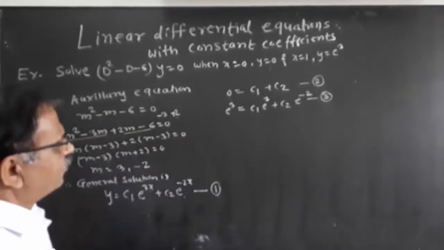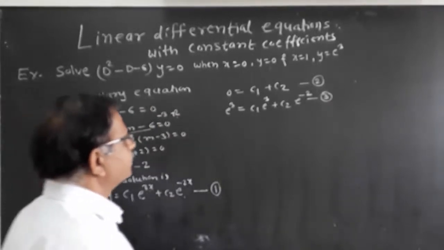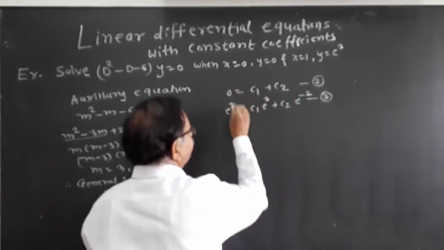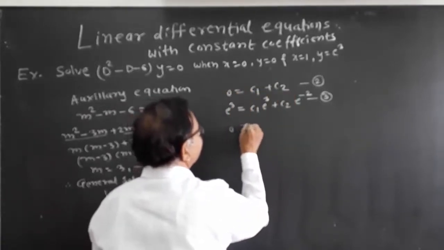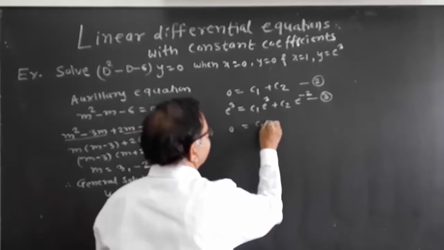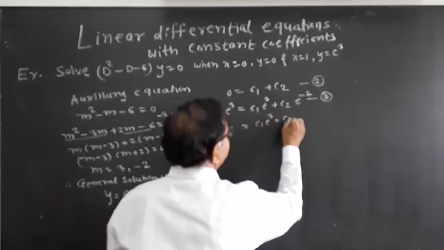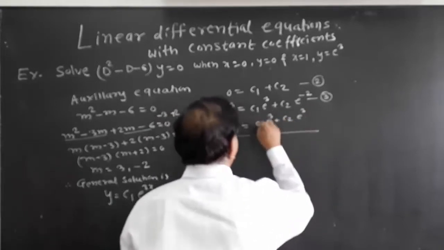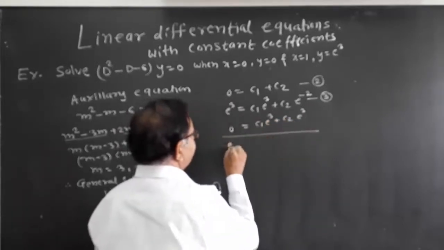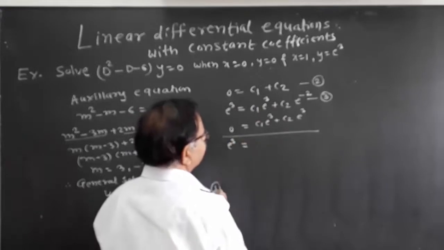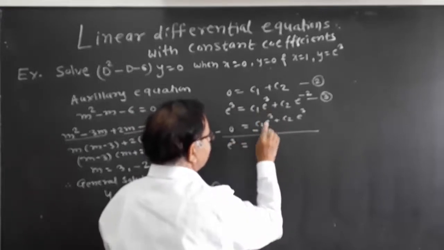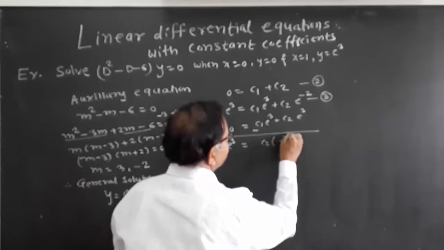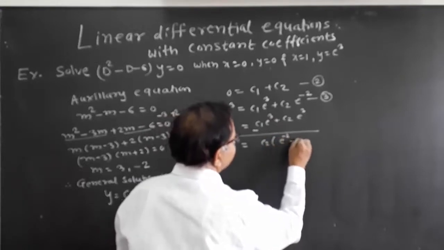What we have to do? Equation 2, I shall multiply by e cube. Therefore this equation can be written as 0 equal to c1 e cube plus c2 e cube. Now subtracting these two equations, e cube equal to c1 e cube minus c1 e cube, which is 0, plus c2 times (e raised to minus 2 minus e cube).